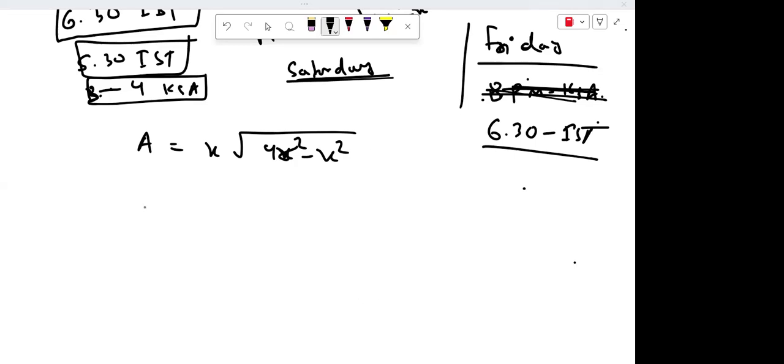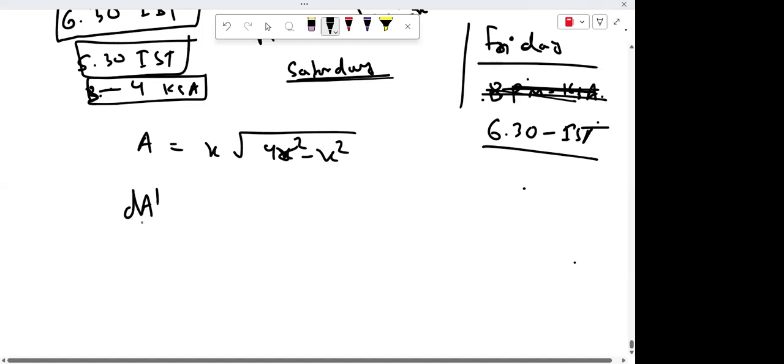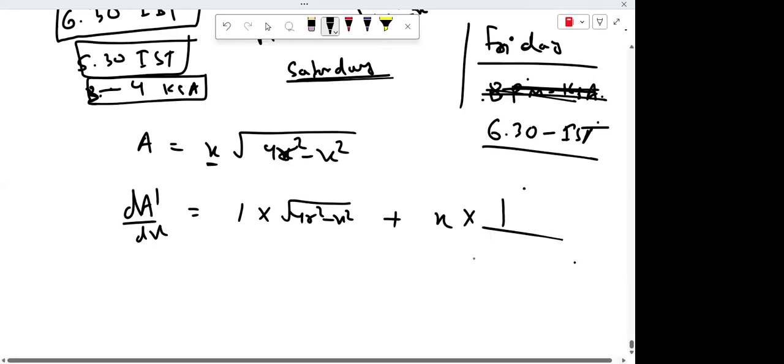If you differentiate it, A dash or dA by dx, you have to use product rule. So differentiation of x is 1. So 1 times root 4r square minus x square plus x times differentiation of this, will use chain rule, 1 by 2 root 4r square minus x square, and differentiation of minus x square, which is minus 2x.